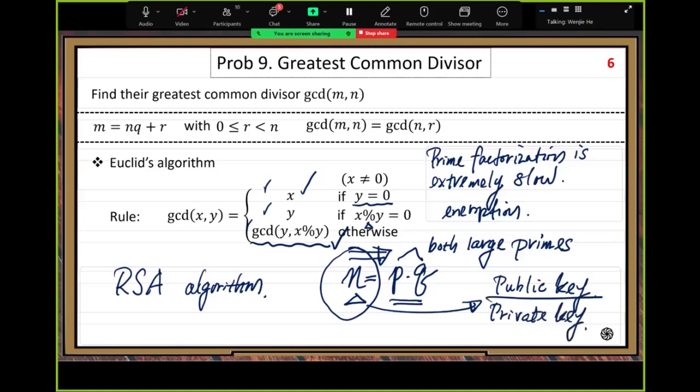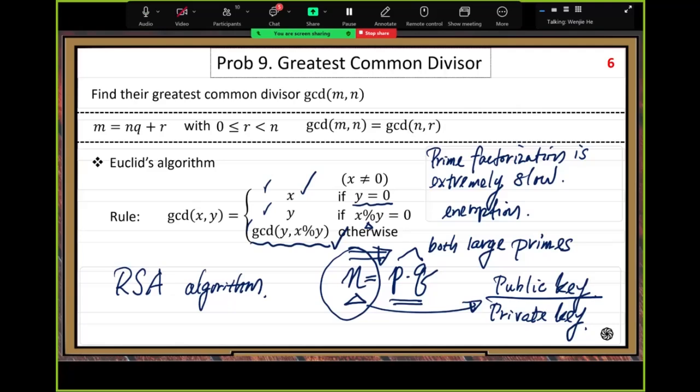The public key you can broadcast, and everyone can get it. The private key should be delivered in a secret way, like a code book, in the encryption field.